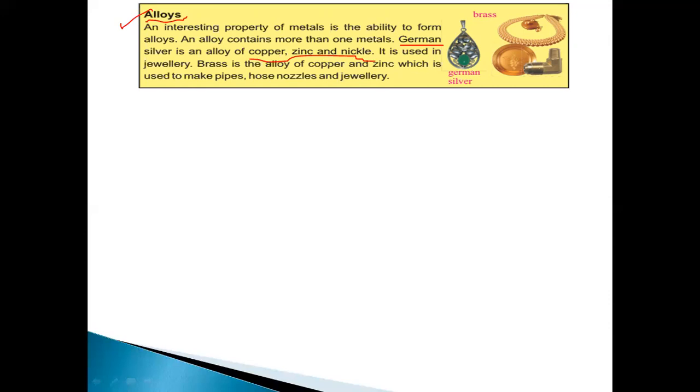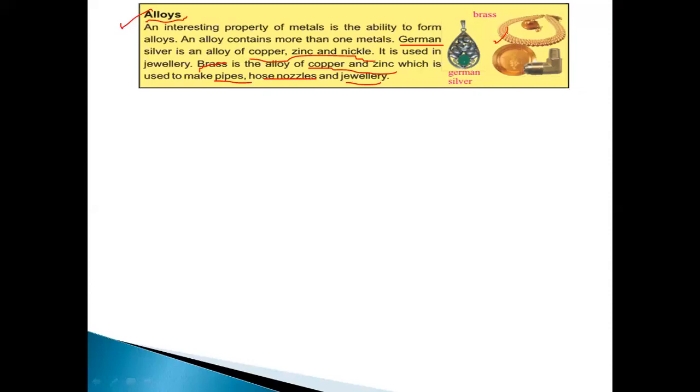That is strong enough, and it has a good property to make jewelry, so it is used in jewelry. Brass is another alloy, which is a combination of copper and zinc, and is used to make pipes, hose nozzles, and jewelry as well.